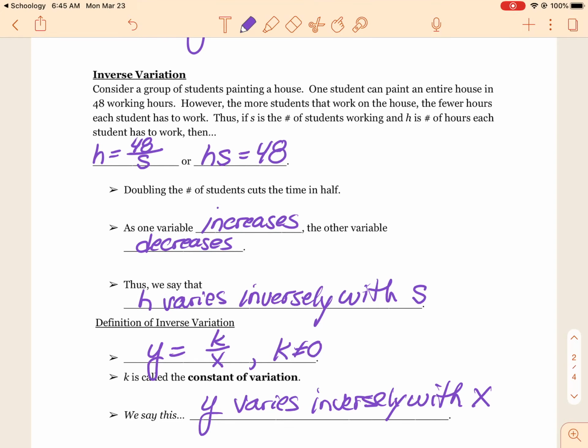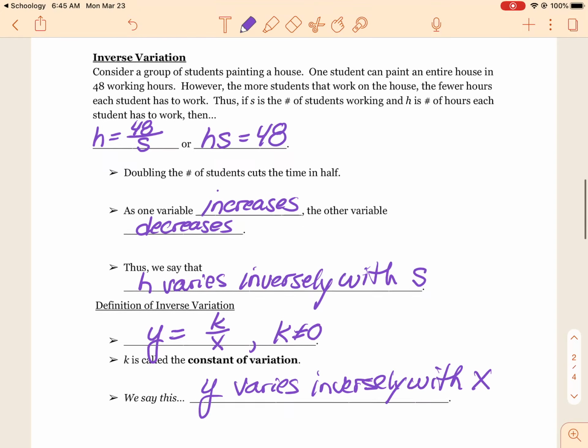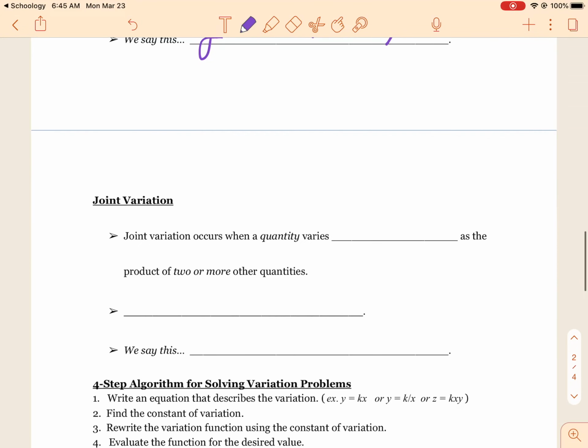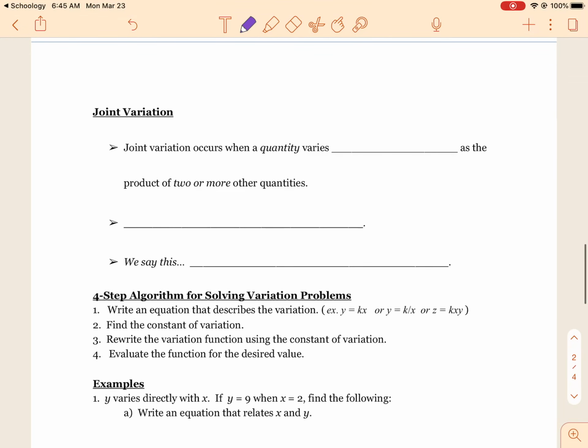Or there's the third one, joint variation. Joint variation is another type of direct variation. So they vary directly as the product of two or more other quantities. So instead of just having two things, now we're looking at something like z equals kxy.